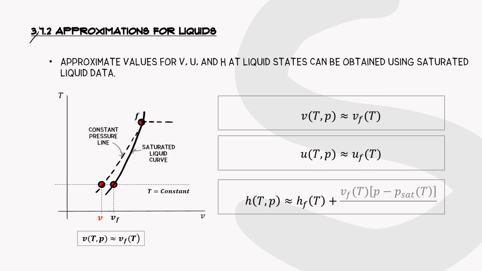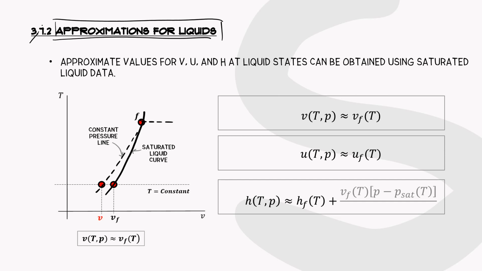So if we don't have those tables, we need another way to retrieve the data for the liquid conditions. One way is to approximate. We use this approximation for liquids.